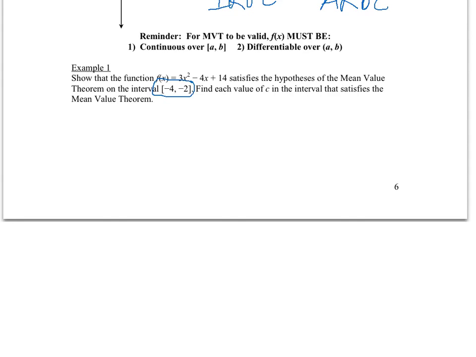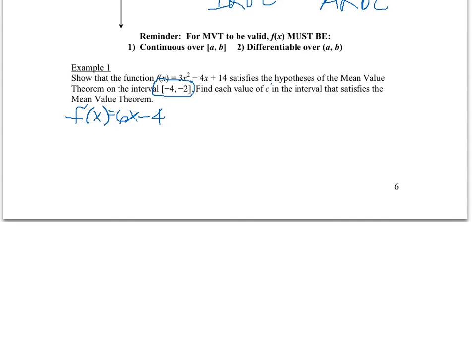It's differentiable because if you take the derivative, f prime of x, you will get 6x minus 4. Okay, that is a function that is continuous. There's no domain issues or anything like that, so we know that it's going to be differentiable everywhere within the domain. So we can go ahead and move on to finding the value of c that satisfies.